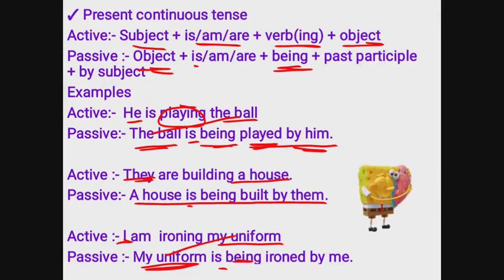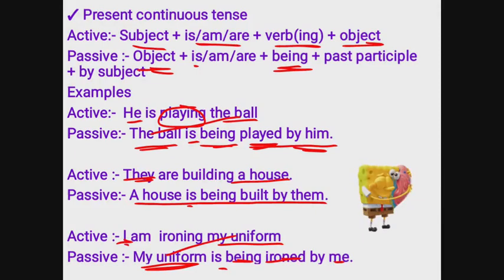Then what is the past participle of iron? Ironing is a present continuous tense, but the main verb there is iron. The past tense of iron is ironed. And the past participle of ironed is ironed. The same thing again. So put the past participle, ironed. Then this I will change to what?